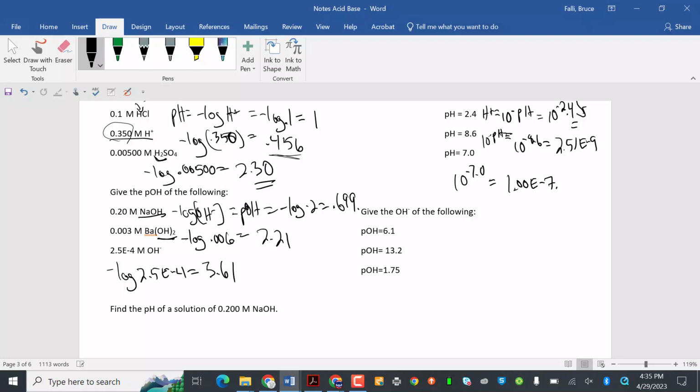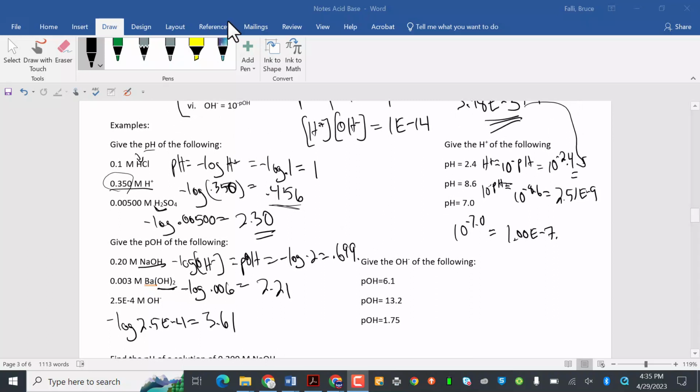Now I want to show you these first parts that we've been looking at seem to be exactly the same, but they're not really exactly the same.